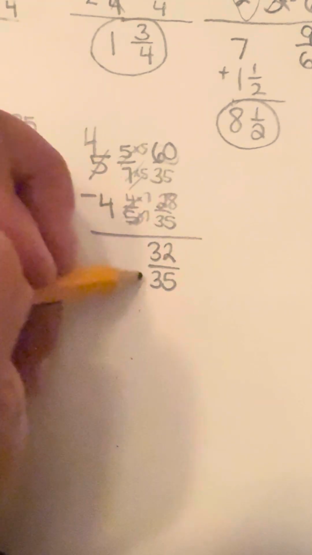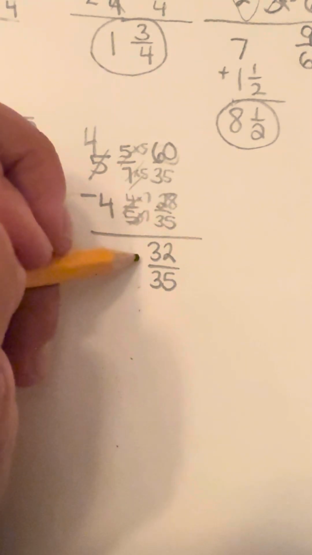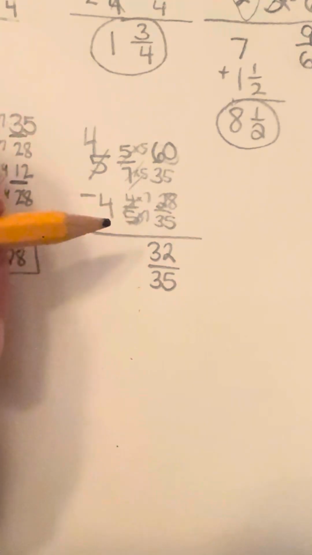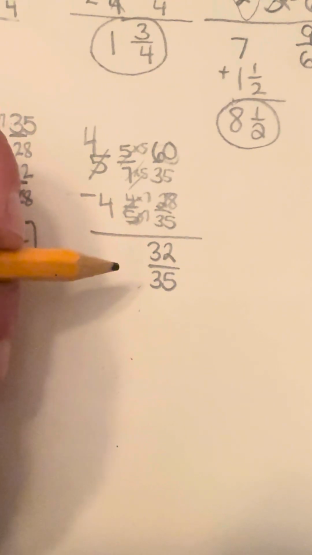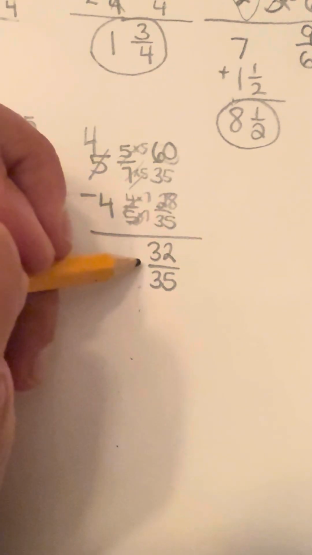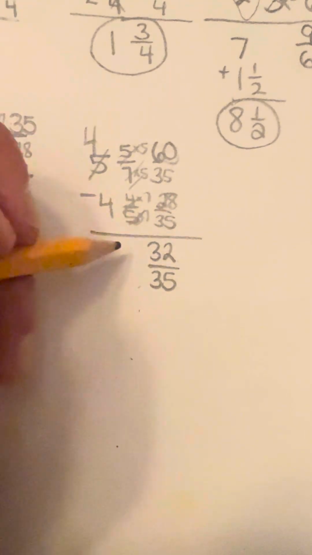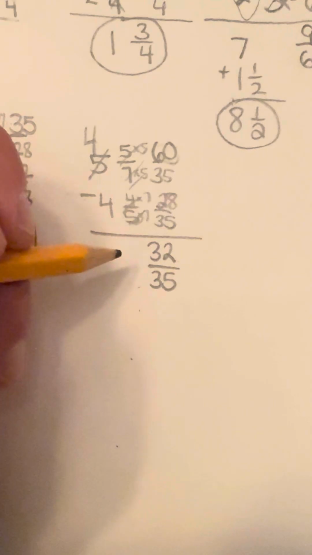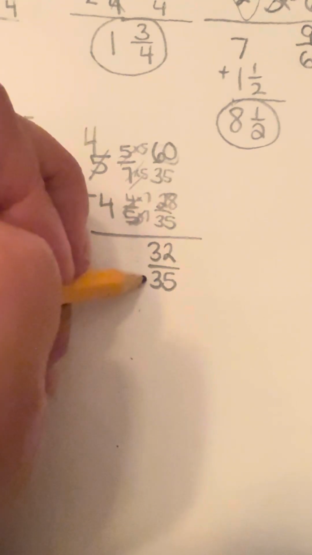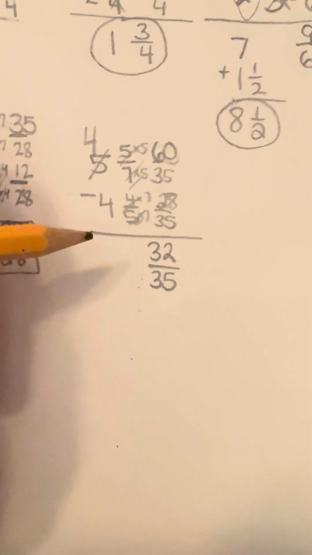What I want to see is if I can do anything that goes into any of these numbers. So 32 has a few different possibilities, and so does 35. So 32 has numbers of 1 and 32, which obviously won't go into 35. 2 and 32, 32 divided by 2 is going to give me 16, but 2 doesn't go into 35 evenly. Then I do 32 divided by 3.